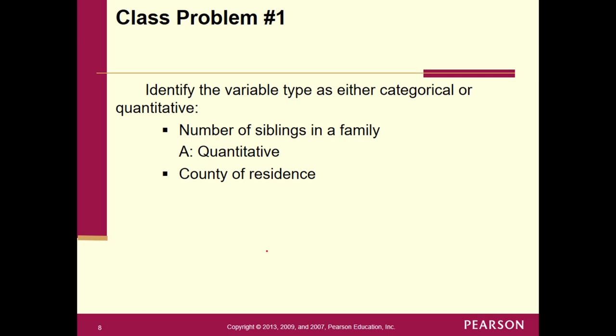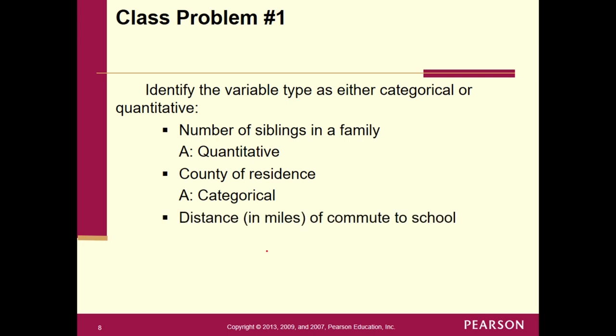Just ask yourself. I live in Cuyahoga County. My son goes to Bowling Green, that's Wood County. Then you have Summit and Stark around the University of Akron. So that's categorical. Distance in miles of commute to school: quantitative. Marital status: categorical. Hopefully that makes sense to you.